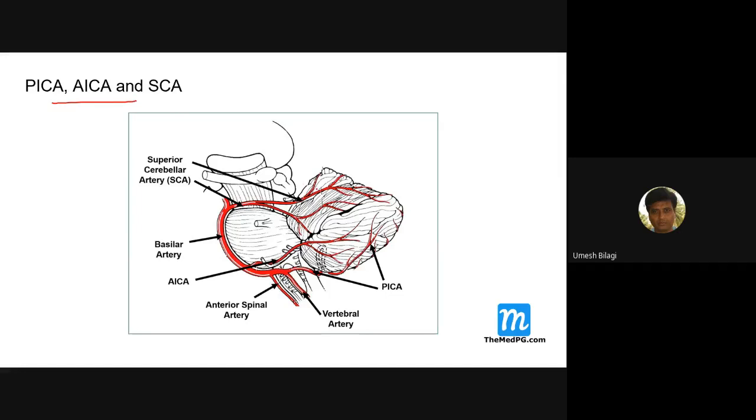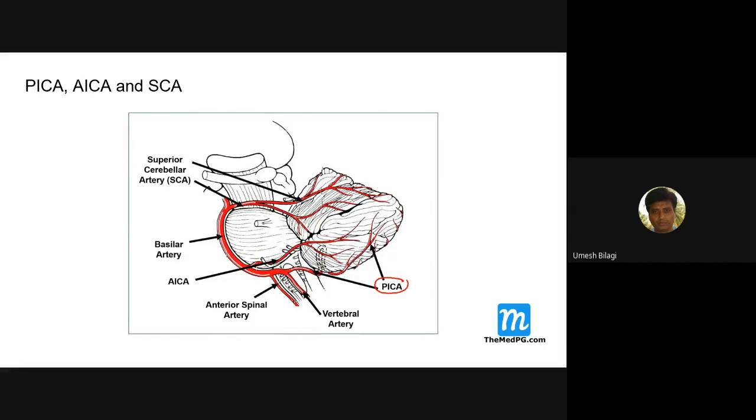Now, see these vertebral arteries, they come here and give rise to the PICA. They supply the inferior and posterior part of the cerebellum. Of course, it also supplies the medulla, which I told you.